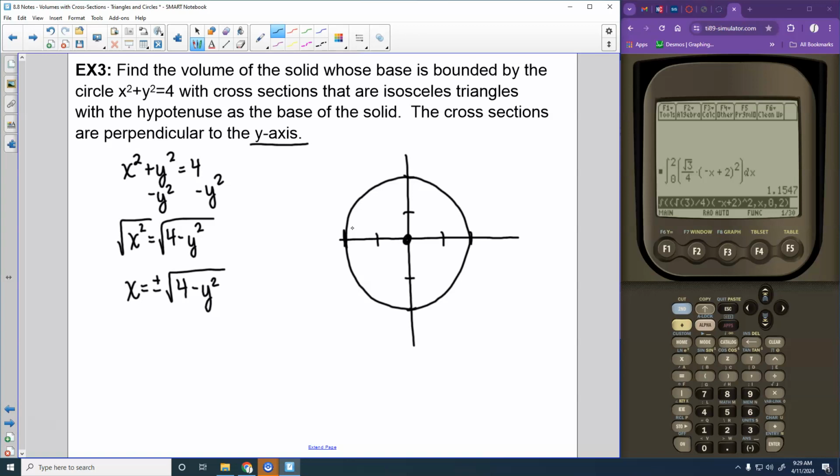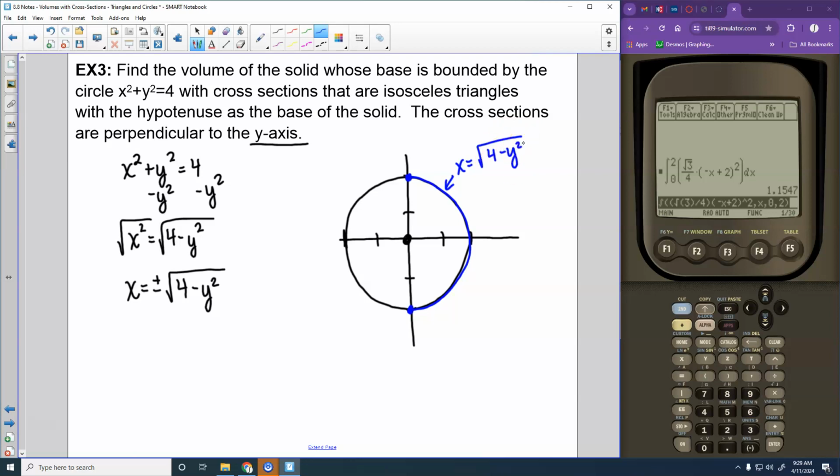All right, now, to do this problem, I can't have x squared plus y squared equals 4 as my equation. I have to use this. What we're seeing here is this half of the graph, the right side, that is going to be x equals positive square root of 4 minus y squared.